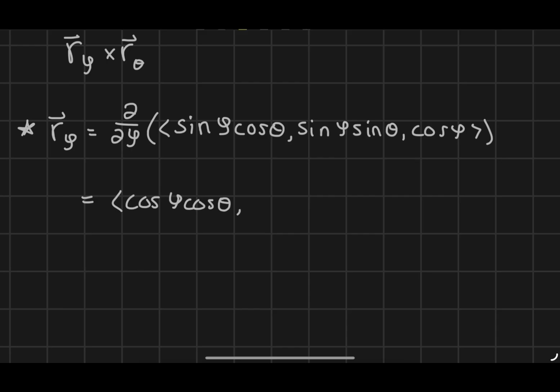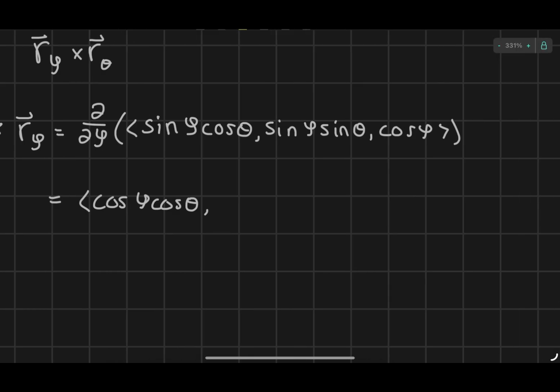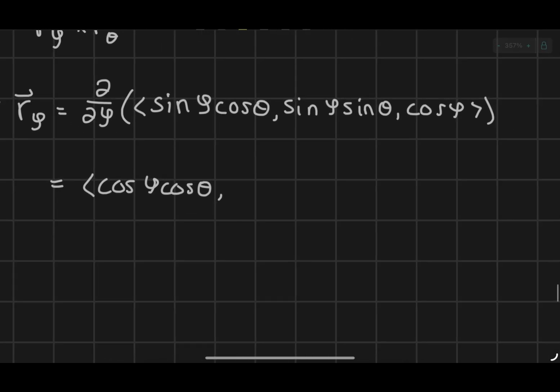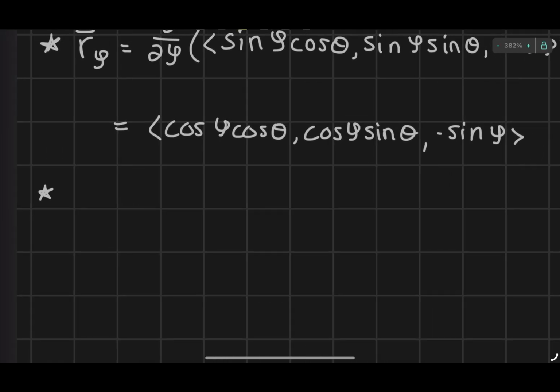We're pretty much just ignoring the sine theta and cosine theta. Similarly, the partial of sine phi sine theta with respect to phi is going to be cosine phi sine theta. And finally, the derivative of cosine phi with respect to phi is going to be negative sine phi. That is our r sub phi.